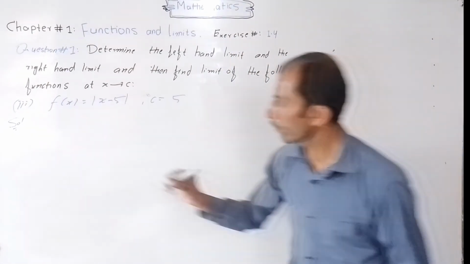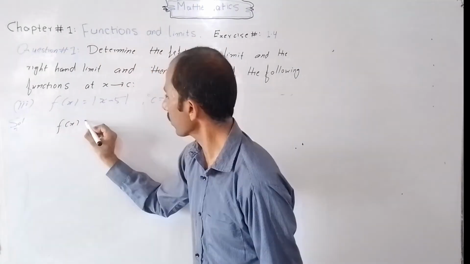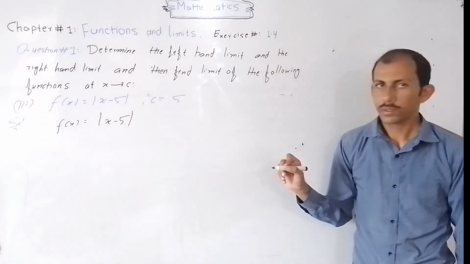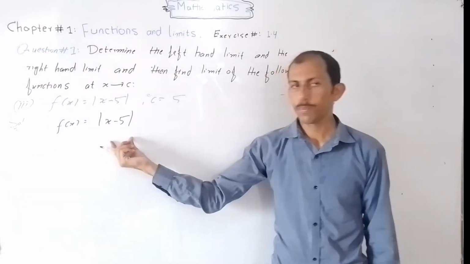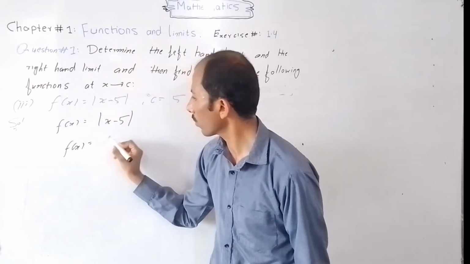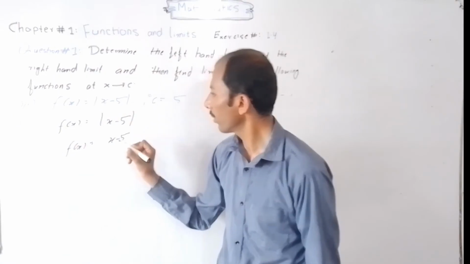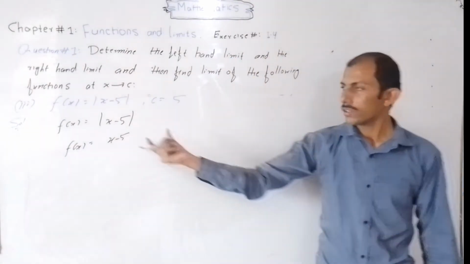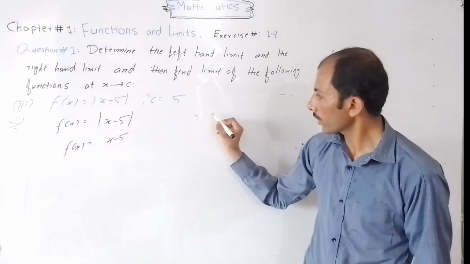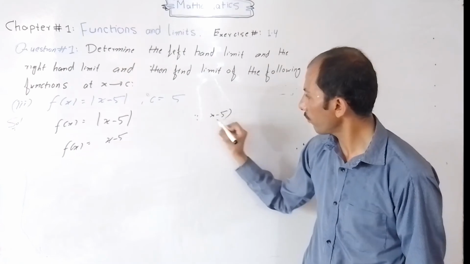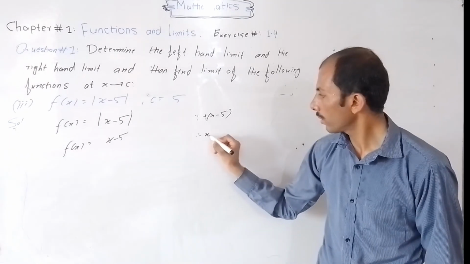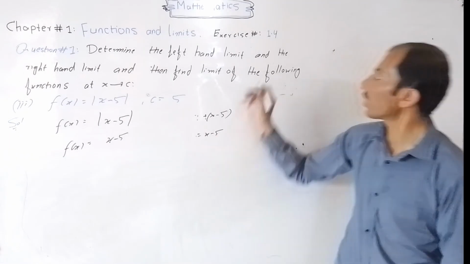First, as it is, f(x) is equal to absolute value of x − 5. Absolute takes a positive number, so f(x) is equal to x − 5. Negative sign rejected. Absolute can also be changed in the form of x − 5 plus minus, so minus sign rejected. Take x − 5, positive sign.